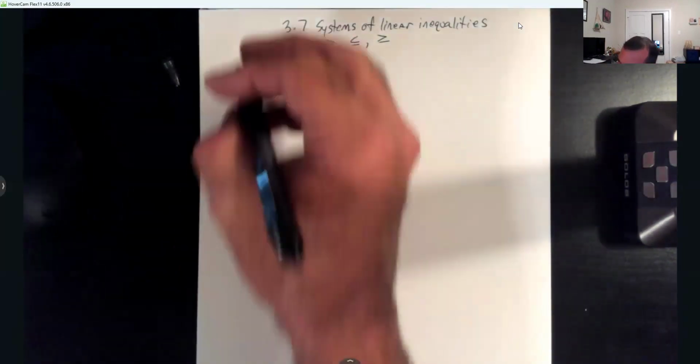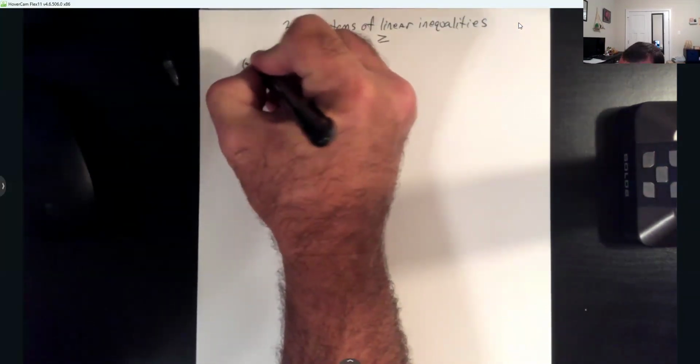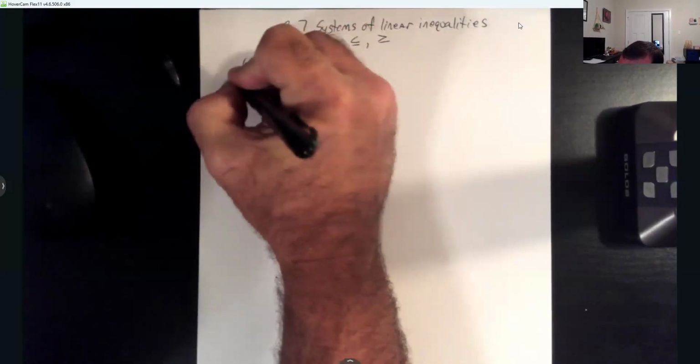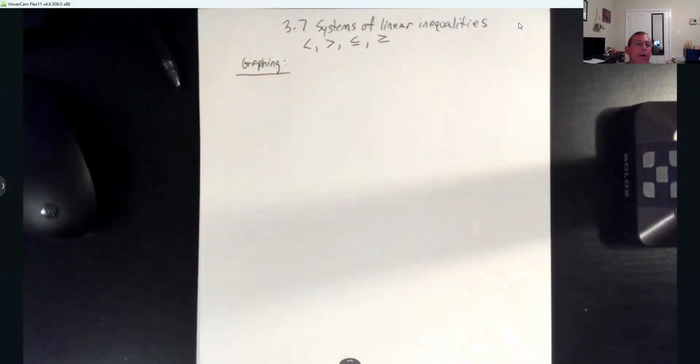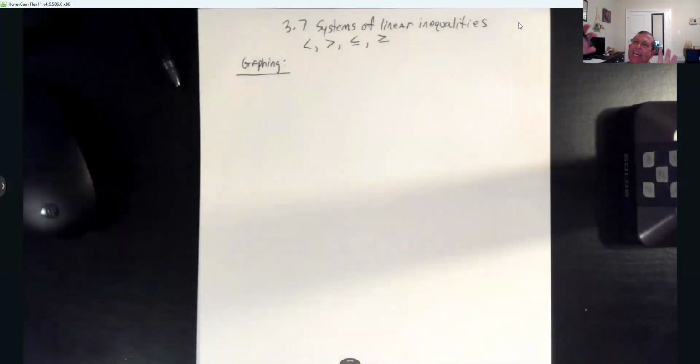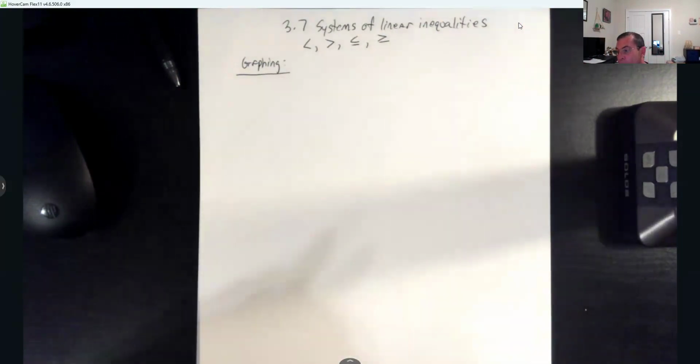So here's the thing when we're graphing. What we're going to do is shade the regions of the graph that make these inequalities true. So the first thing we got to know is what kind of line do we draw? And then we figure out whether we shade above the lines or below the lines.